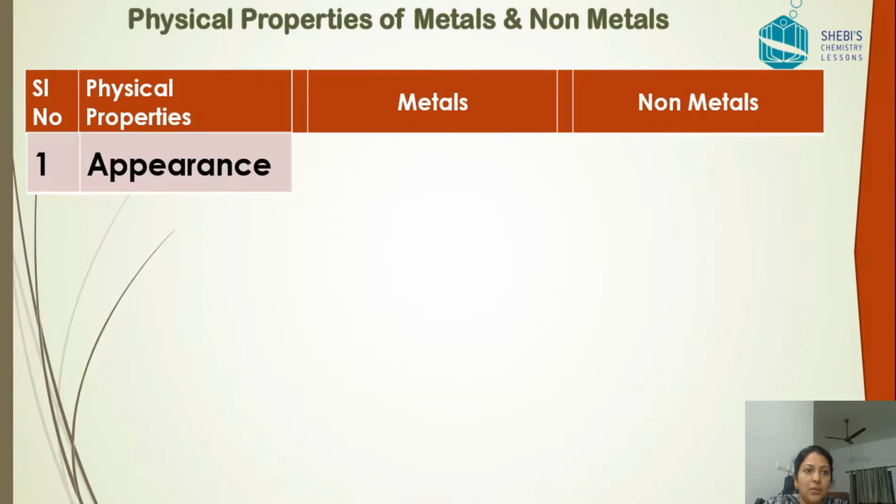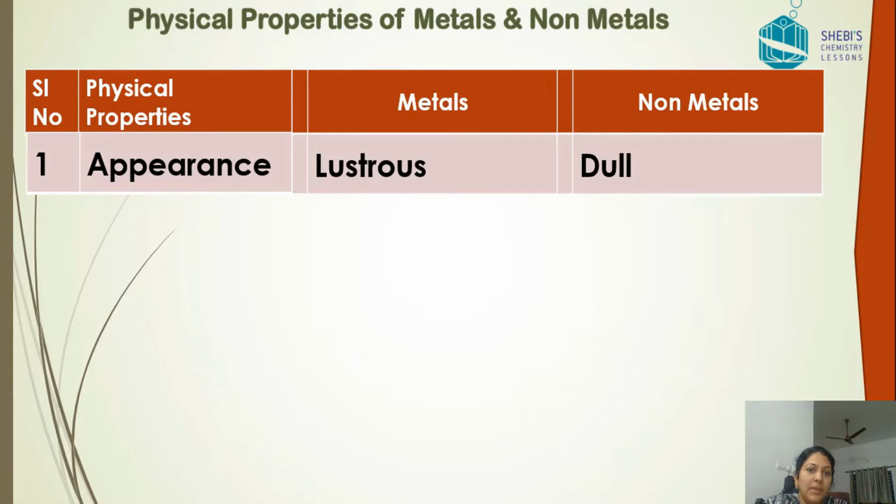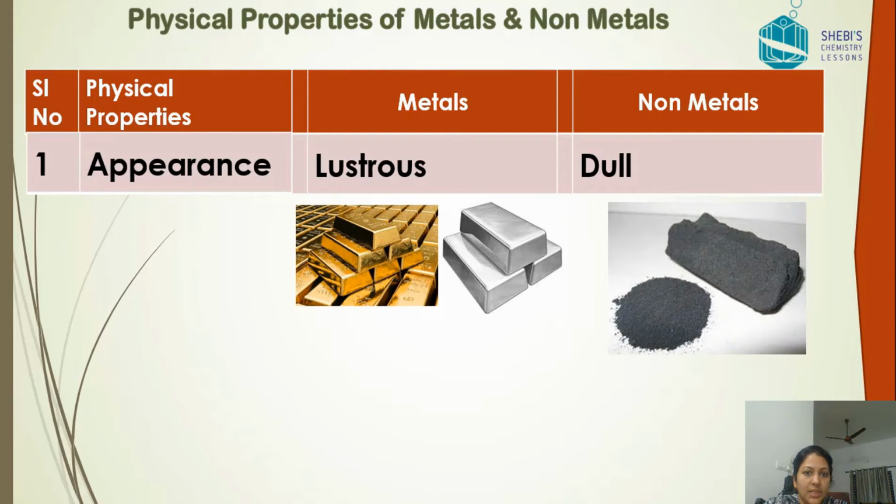So the first property is appearance. Appearance means how do they appear? Shiny or non-shiny, etc. We know that metals appear lustrous. Lustrous means shiny. Non-metals are dull in appearance. So here are the examples. You can see metals, gold, silver, etc. are very lustrous, very shiny in nature.